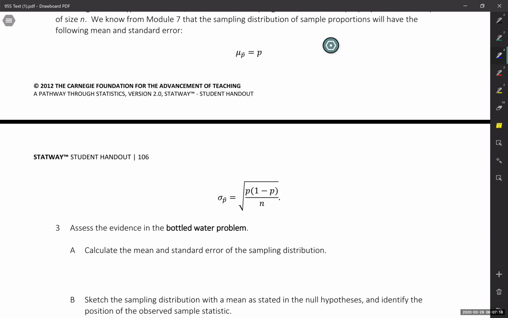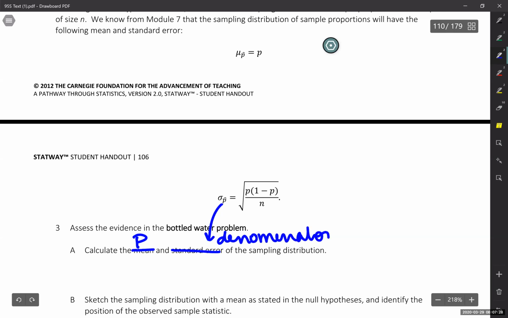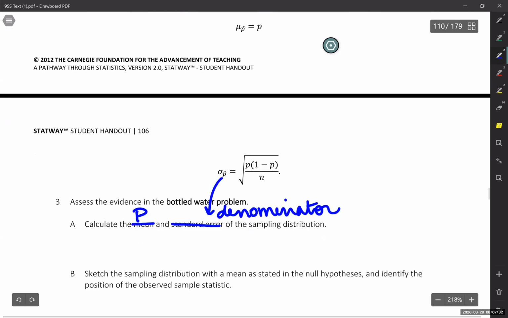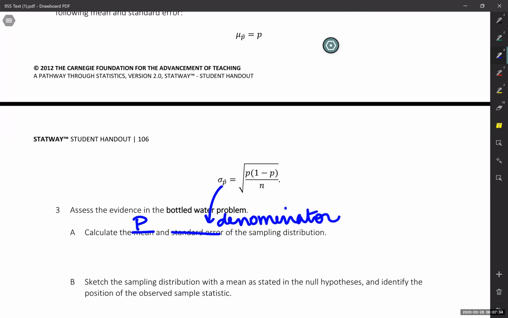What I like to call them better is P, and this is right here. That is the denominator for Z. So we already know what P is.